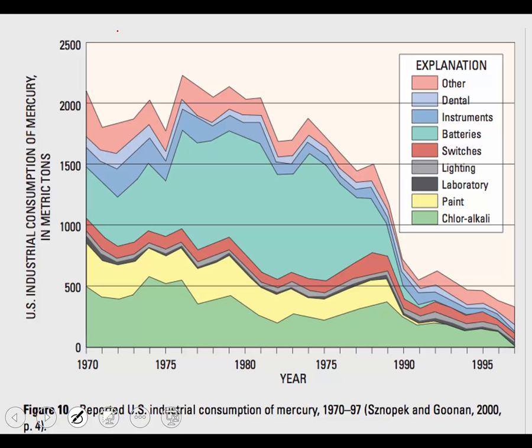Okay, we basically have reduced the use of mercury almost to nothing by comparison. Just think of the mercury thermometers that we don't have anymore. Okay, dental instruments, batteries, etc. Although we do have them in some light sources, but because of the serious health consequences of mercury, and the many places, and much of the problem was disposal at the very end, not just mining, but what do you do with that thermometer?